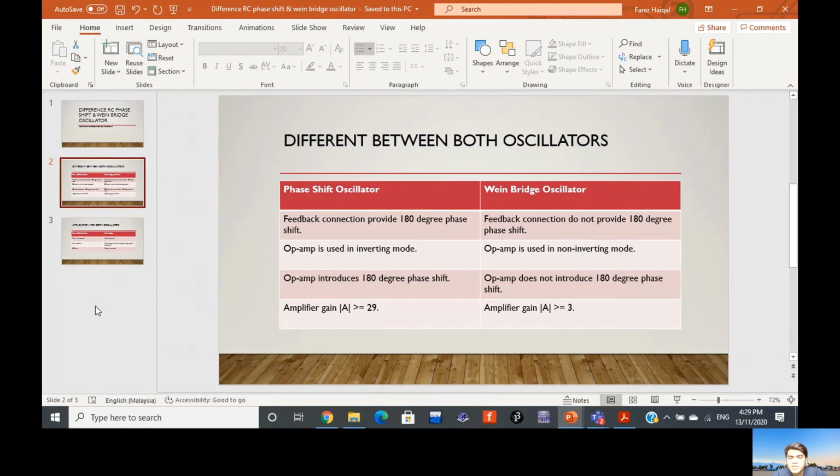For the phase shift oscillator, the op-amp is used in inverting mode, while in the Wien bridge oscillator, the op-amp is used in non-inverting mode.